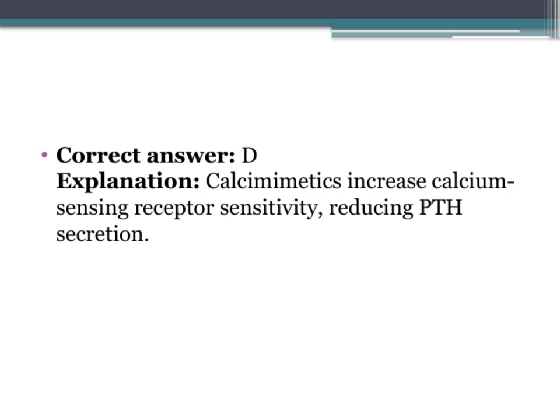This mechanism is particularly important in managing conditions like secondary hyperparathyroidism. So, understanding how calcimimetics influence receptor sensitivity helps us see their role in reducing PTH levels and managing mineral imbalance in patients. This ties into our overall theme of targeted treatments for endocrine disorders.